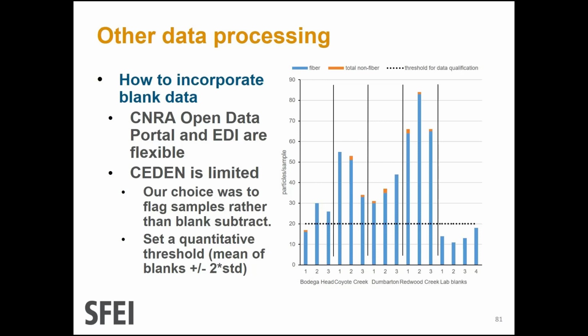I know Rusty, for instance, had to blank subtract in order to make the data work for the modeling effort, though for our report and for CEDIN, we are flagging or qualifying field samples based off of a quantitative threshold rather than subtracting out values for the concentration.